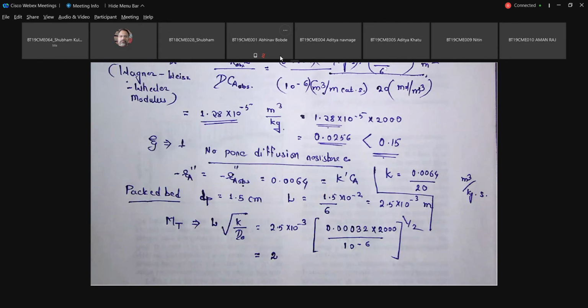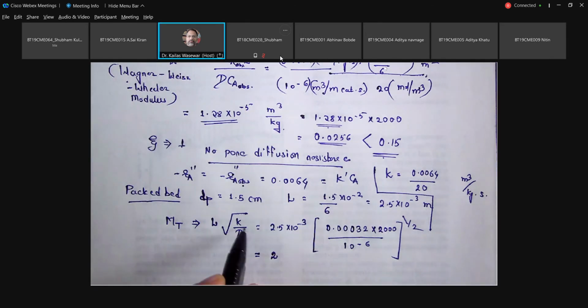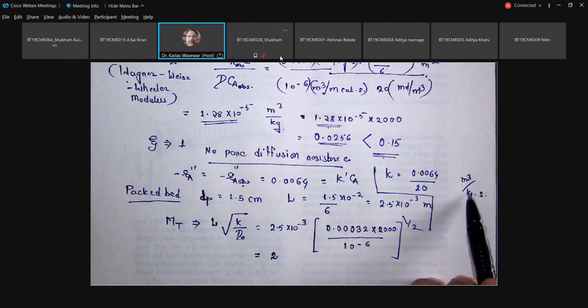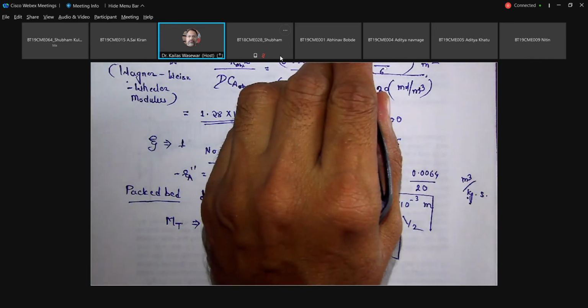Hello, sir. Yes. Sir, can you repeat once again why should we multiply by 2000? What is the unit of K here? Meter cube per kg second, sir. Meter cube per kg second. And here it is D. It should be dimensionless. This K is given in meter cube per kg of the catalyst. So to make it dimensionless, you have to multiply with the rho, that is the density of the solid catalyst, that is 2000 is given.